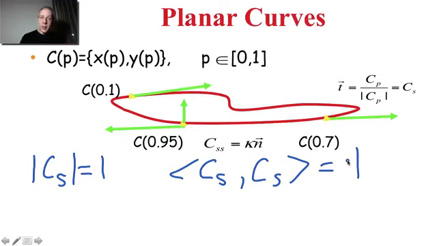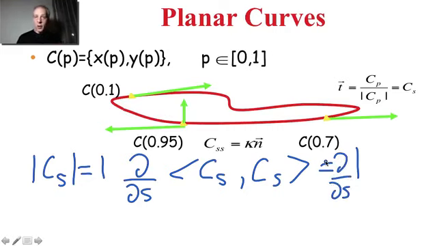Let's take a derivative of this. So I'm going to take a derivative according to s in both sides. So the derivative of a constant is 0.